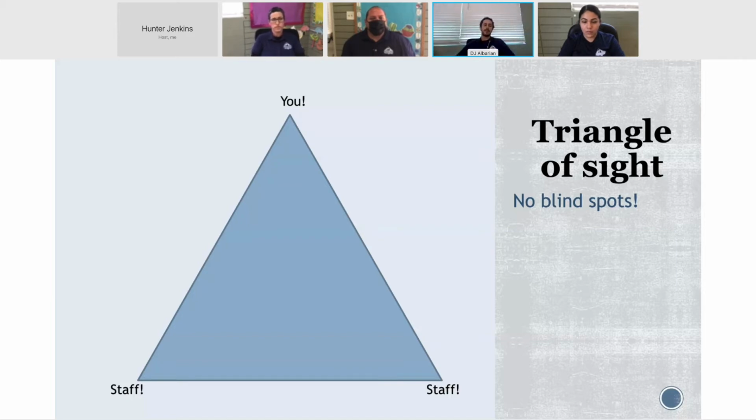So that if something were to happen and we had an incident, a child falls, God forbid, kids hitting each other, or situations where we need to really act quick, we would be able to yell out to our staff or run over there and have a guide so that we can help each other out in that aspect.